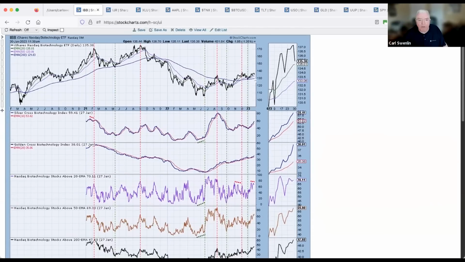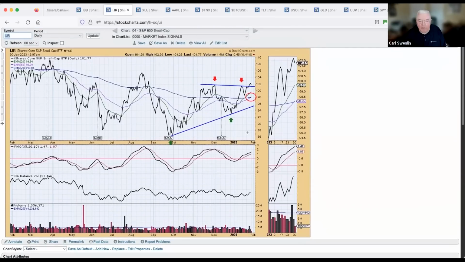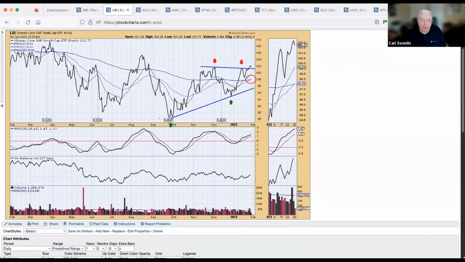Now, let me just switch over to another chart briefly. Remember, a few meetings ago I discussed the fact that we had lows on the sectors and indexes, bear market lows in basically the September, October period.